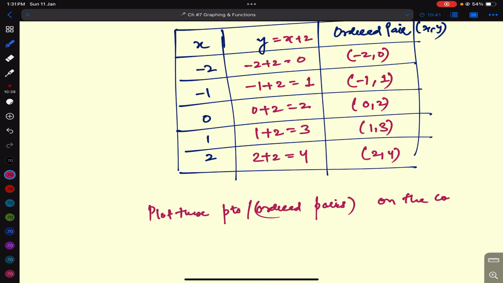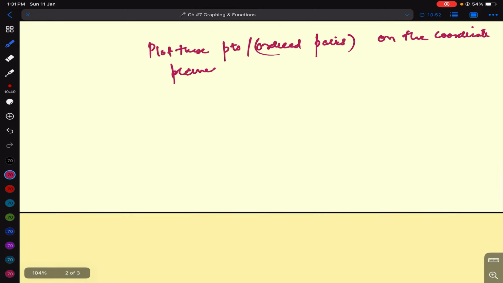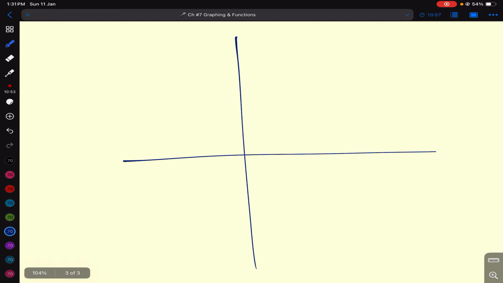On the coordinate plane. Okay, so now let's do that. Now when I'm plotting these points on the coordinate plane, this is my positive y, this is my positive x, this is negative x, and this is your negative y, right?